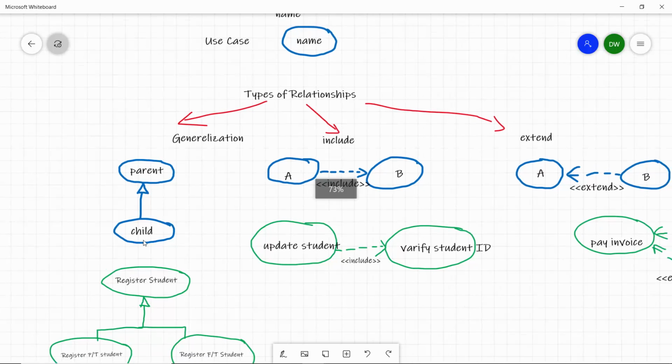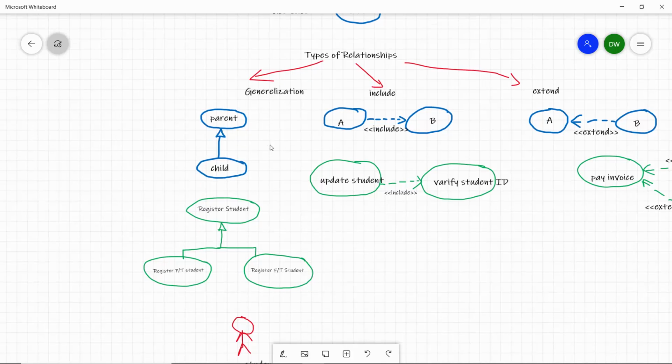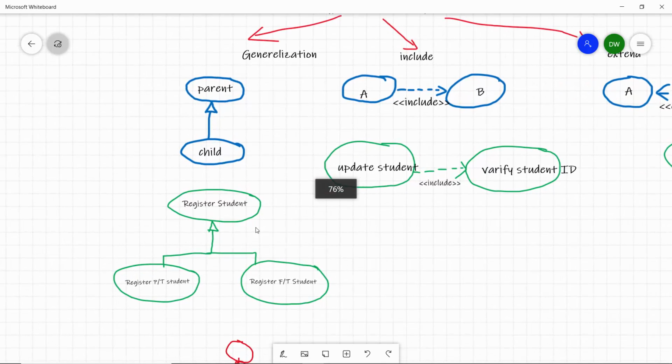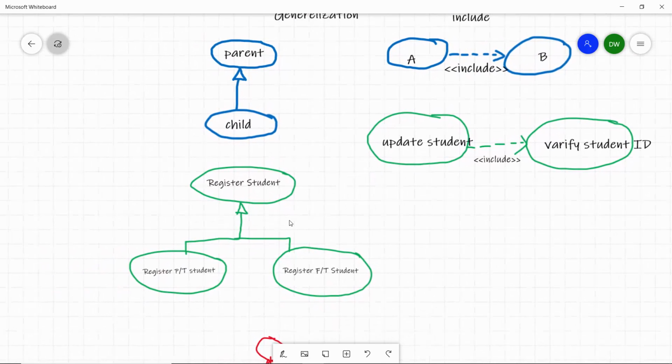The symbol we are going to use in this case is an arrowhead which goes towards the parent from the child. This is the example I have taken to represent generalization within a use case. Assume that your system has facilities to register a student, right? When you are registering students, sometimes you may have part-time and full-time students.